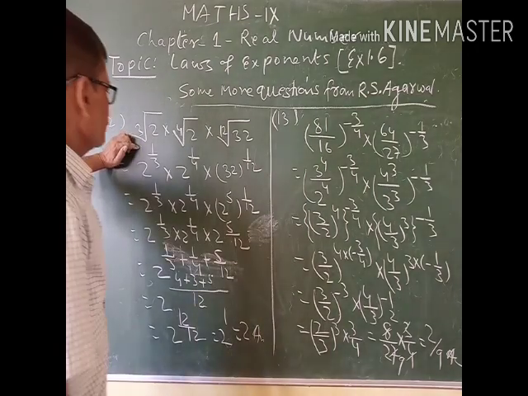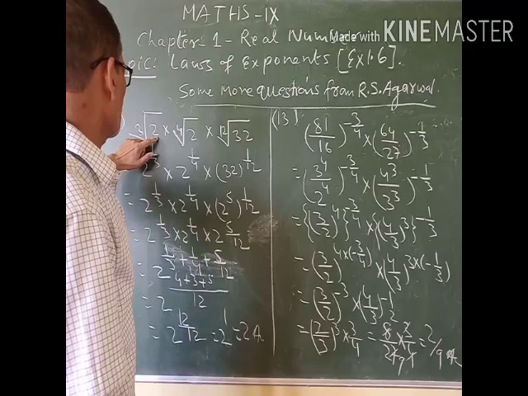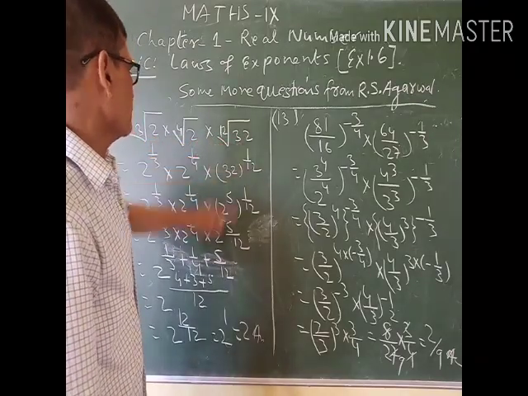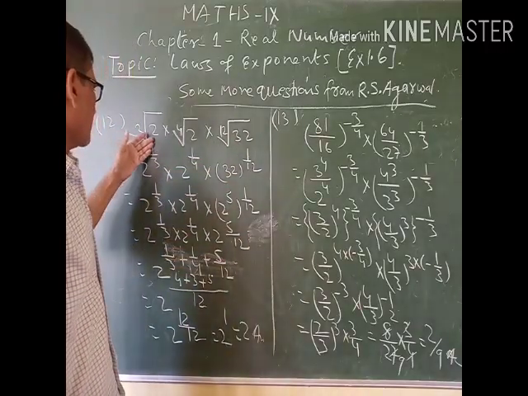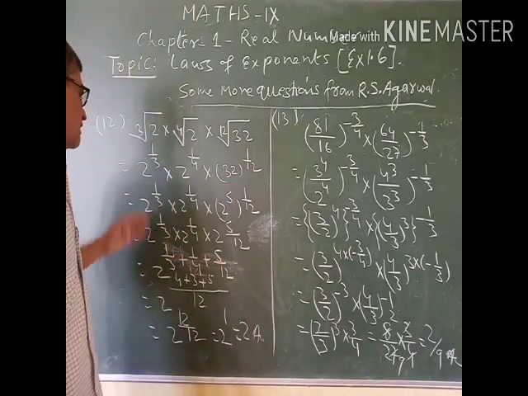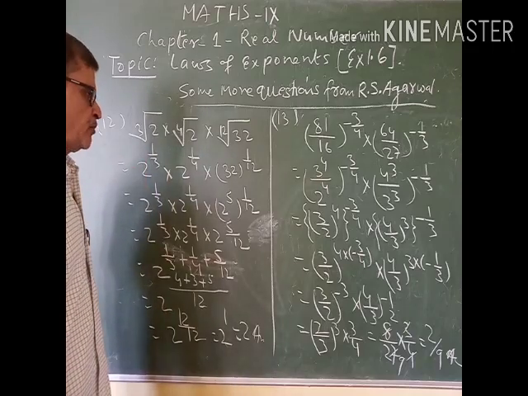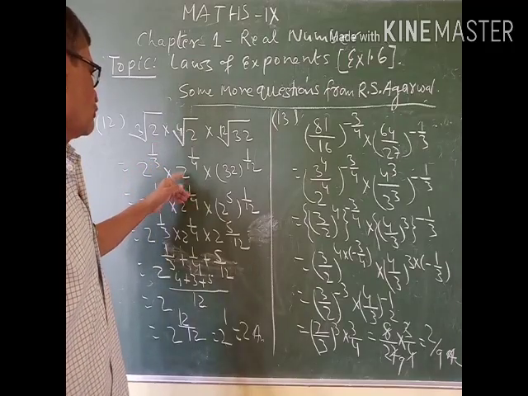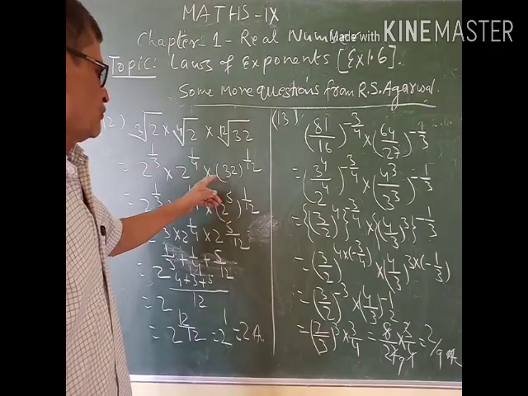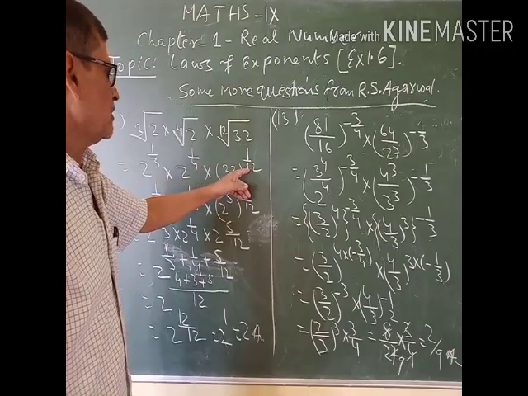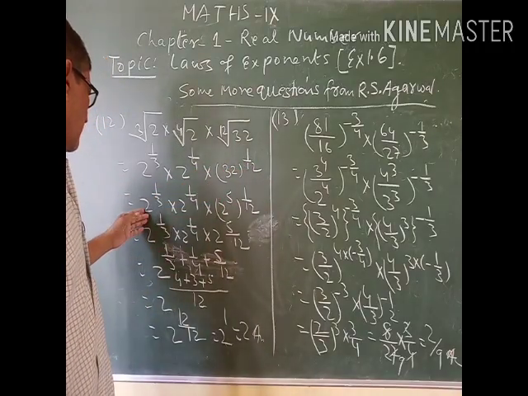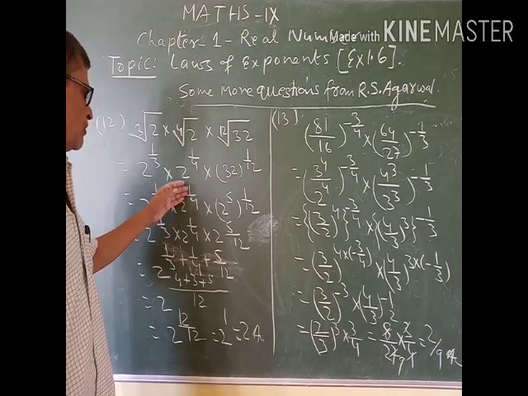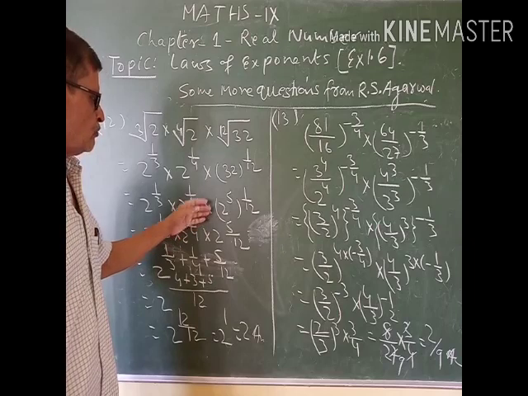Now come to this question. Third root of 2, fourth root of 2, 12th root of 32. You can write these terms in the form of exponent. You can write here 2 to the power 1 by 3 into 2 to the power 1 by 4 into 32 to the power 1 by 12.